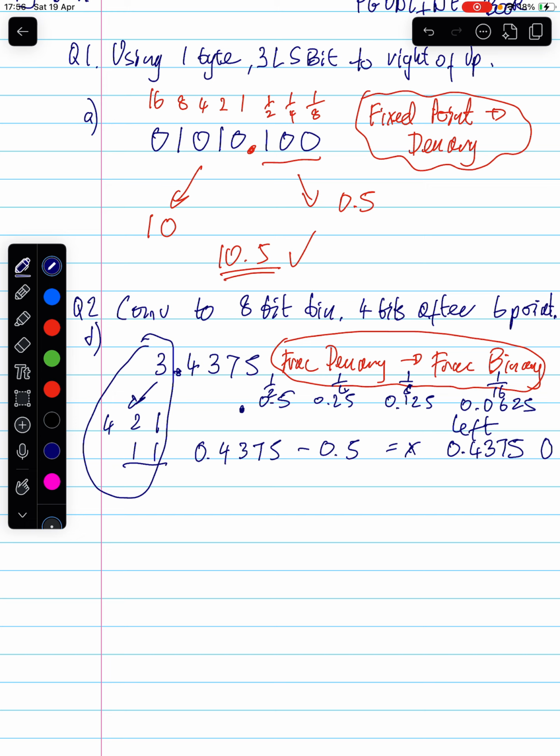Then we copy this over, 0.4375, and take our next binary column away. And we can actually do this, so with the aid of a calculator, that is 0.1875.